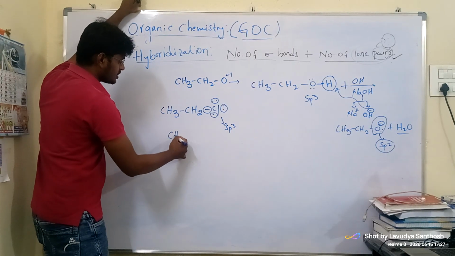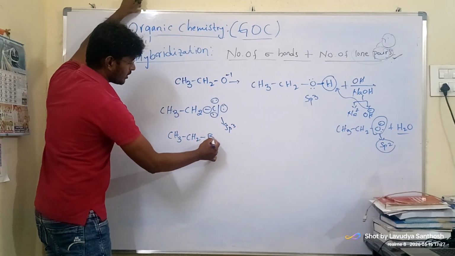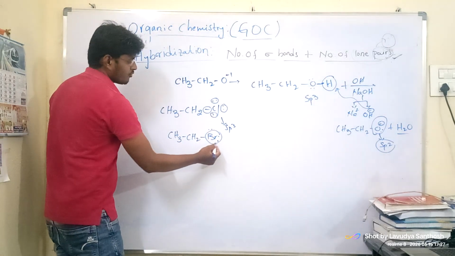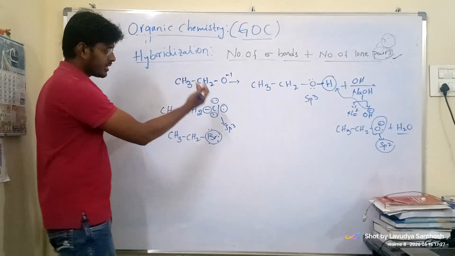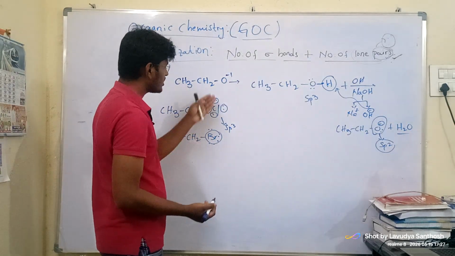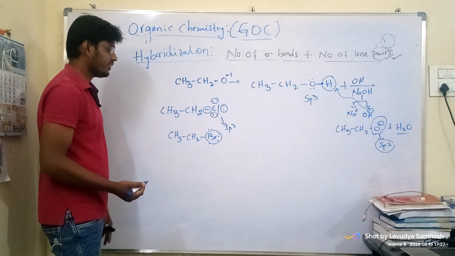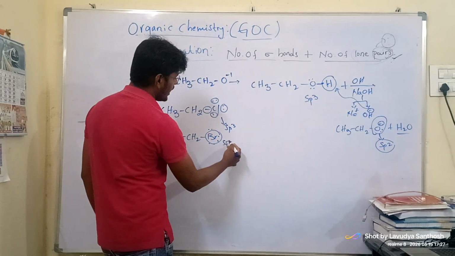Now CH3CH2Br, same. Bromine hybridization, same. Fluorine, chlorine, bromine, iodine, astatine, they all are seventh group elements. They have three lone pairs surrounding them, so this also is sp3 hybridization.